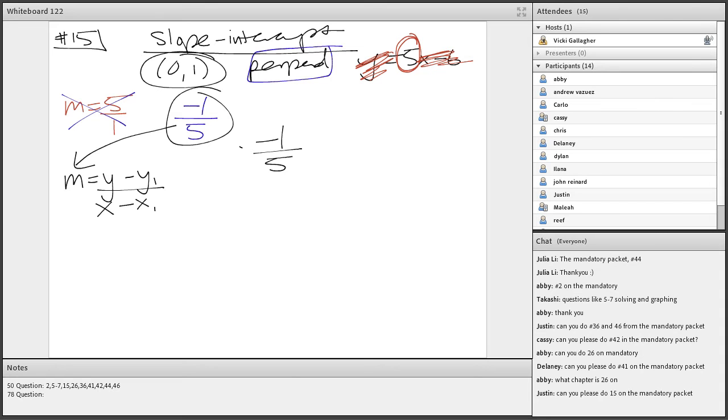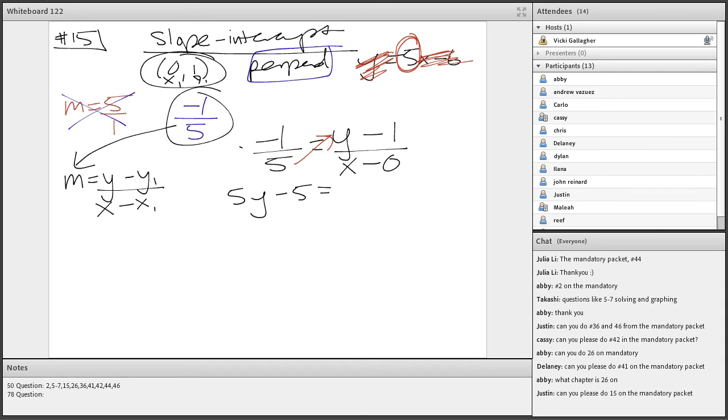Notice that I put the negative on top with the 1 and not in front. And then on the other side, this is my x1 and this is my y1. So we can do y minus 1 over x minus 0. And then from here, we're going to do some cross multiplying. I'm going to multiply the 5 times the y, and we'll distribute it. So that's 5y minus 5.